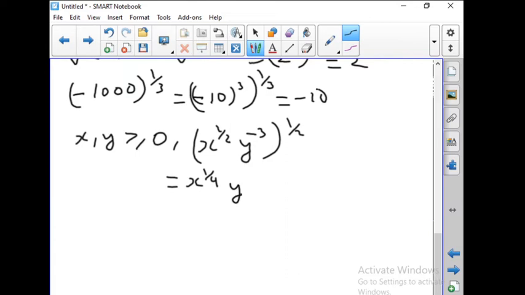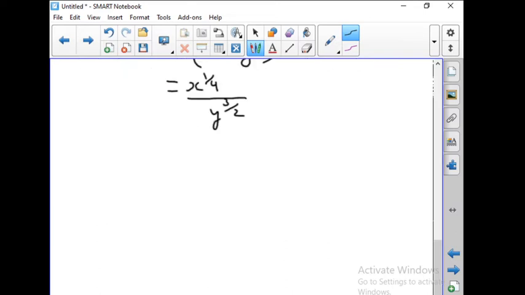We can take the minus 3 to the denominator. So we can write it as x power 1 by 4 by y power 3 by 2. All this we will be using in doing problems.